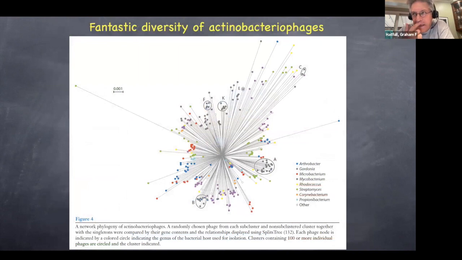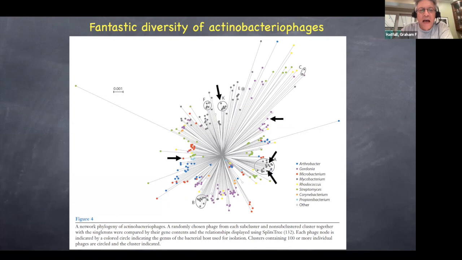The diversity, as I said, is quite impressive. This is simply showing a gene content-based network phylogeny, showing one representative of each of the major groups. And you can see from this that there are many, many pairs of phages which essentially share no genes at all.